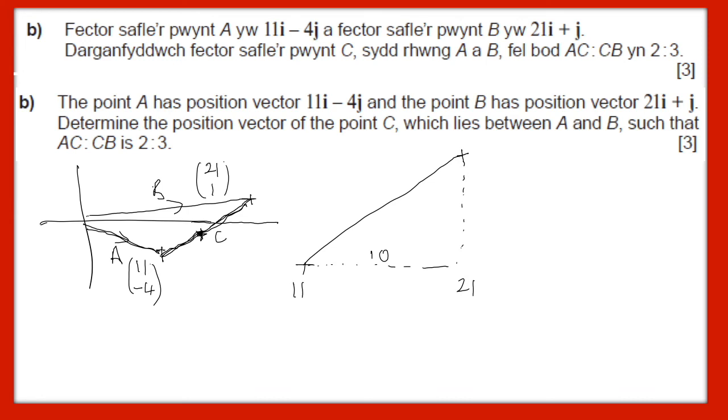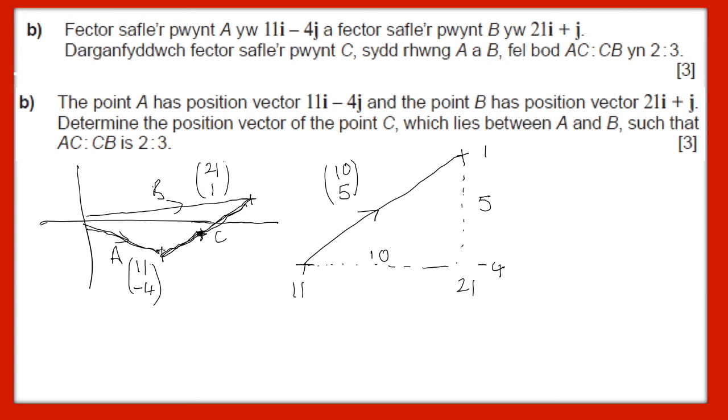If I start at minus 4 and go up to 1, I'm going up 5. So this vector that runs from here to here is the vector 10, 5.